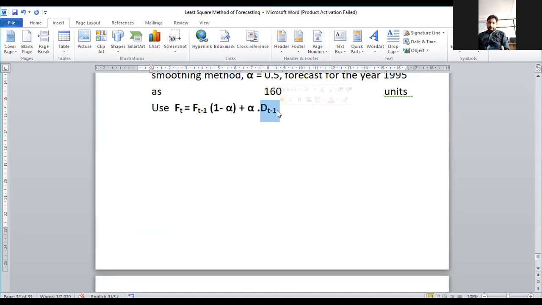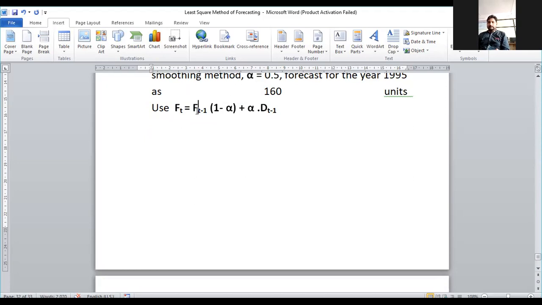Getting my point? We are using the same formula, D suffix T minus 1. Now F of T means the forecasting for the given period, and F of T minus 1 means the forecasting for the previous period. This suffix shows which period you are going to consider.